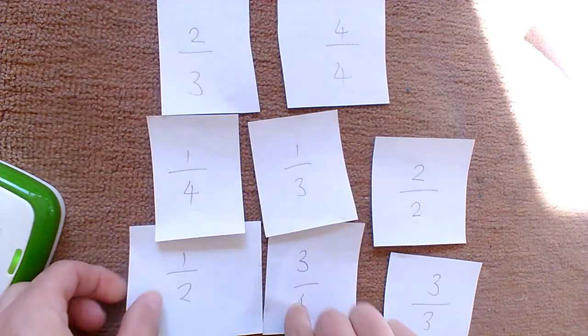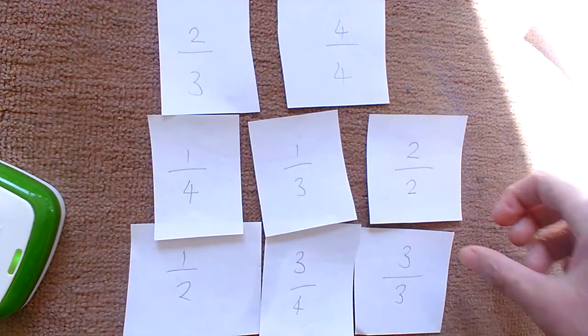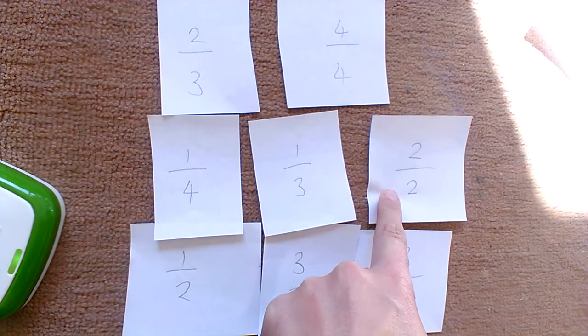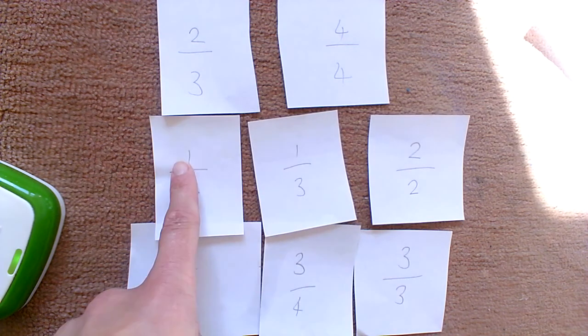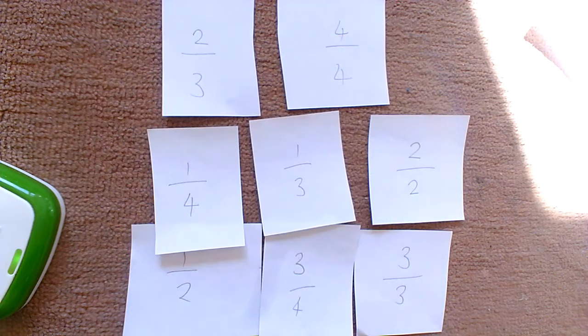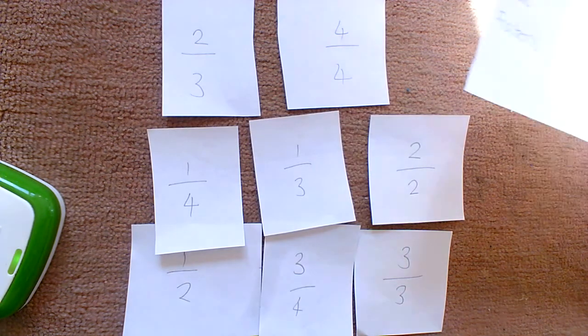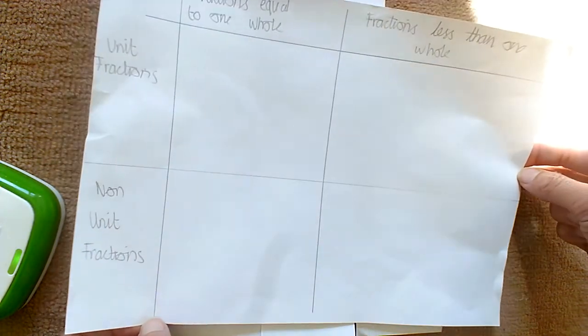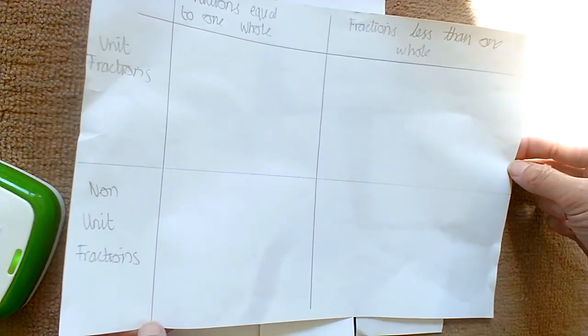Can you see that? Half, 3 quarters, 3 out of 3, so 3/3, 2 halves, 1/3, a quarter, and I'm going to leave you to read these by yourself. And then you're going to put each of those into the correct section.